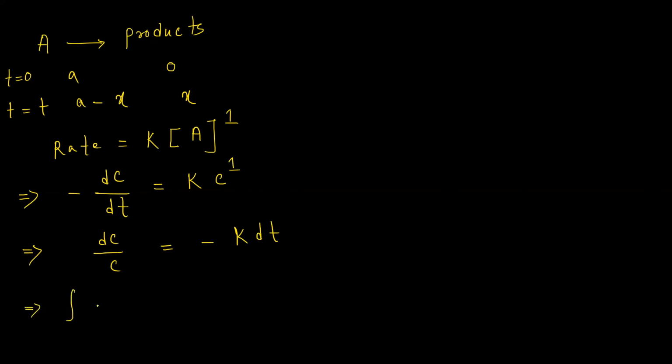Now we will integrate from initial concentration C0 to final concentration Ct after time t. Negative sign K, and we will integrate dt from 0 to t.